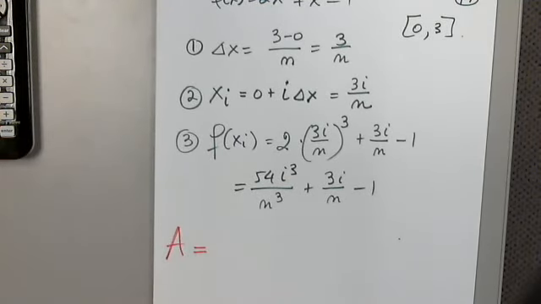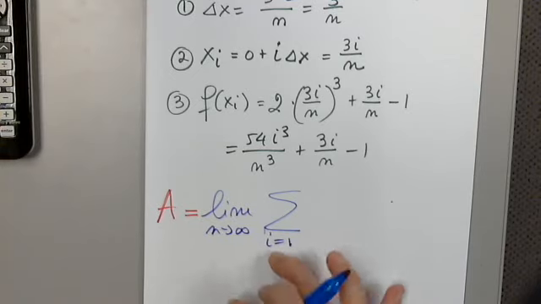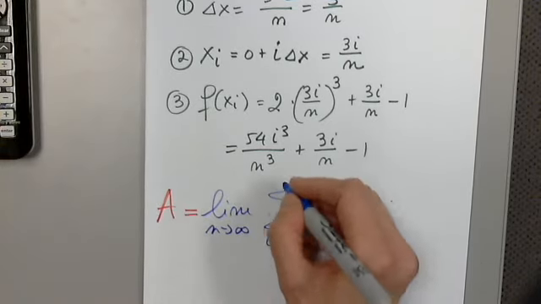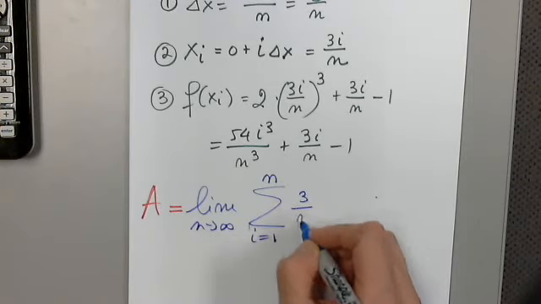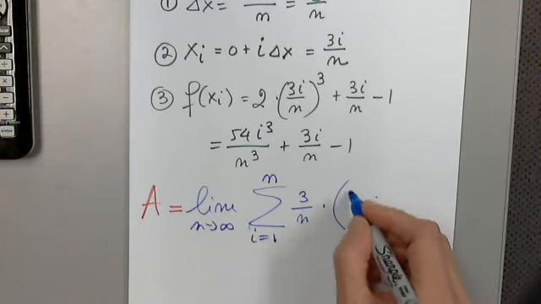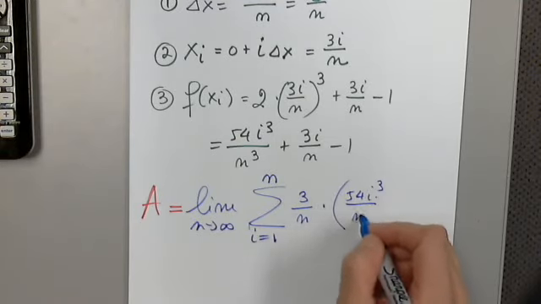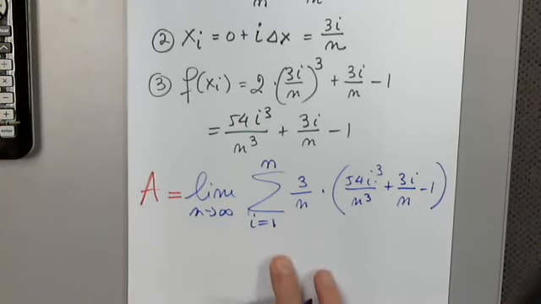What do I write for the area? So, limit, yes. N approaches infinity. From the sum, from the first subinterval, from the first rectangle, from the first area to the last one, from delta x, which is 3 over n, multiplied by f of xi, which is, in parentheses, 54i cubed over n cubed plus 3i over n minus 1.